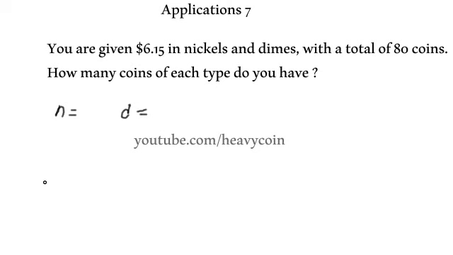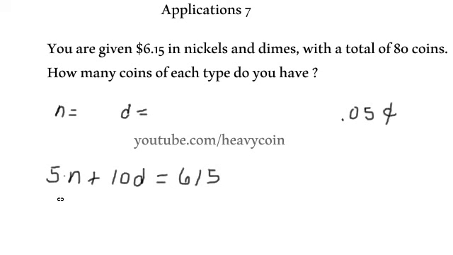A nickel is 5 cents, and we let n be the number of nickels, plus a dime is 10 cents, and we let d be the number of dimes, and it's going to total $6.15. A nickel is really 0.05, and we could write that if we wanted to, but it's easier to work with integers, or in this case natural numbers.